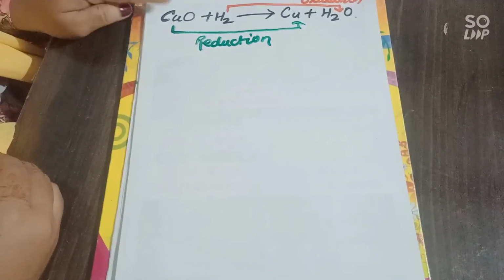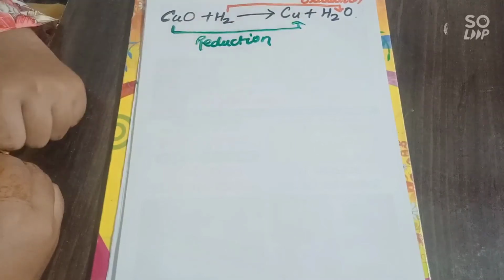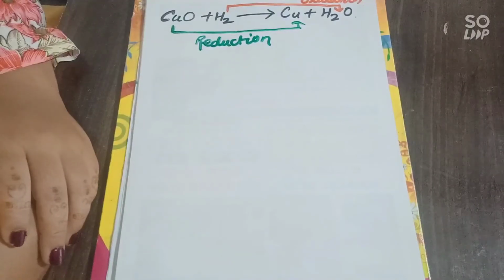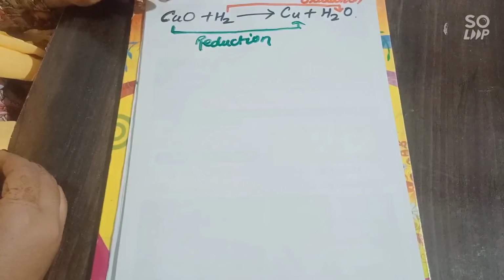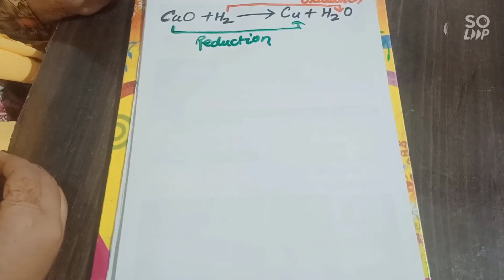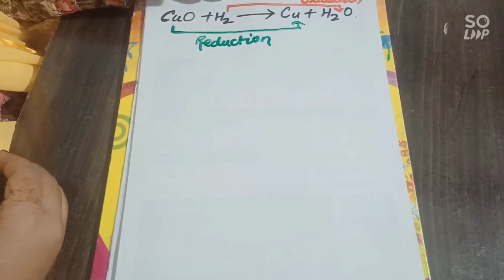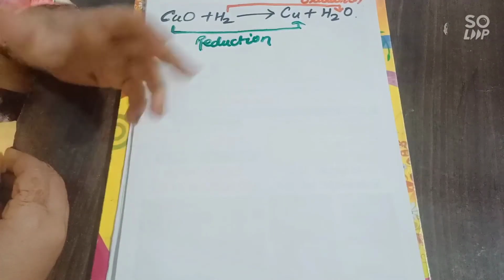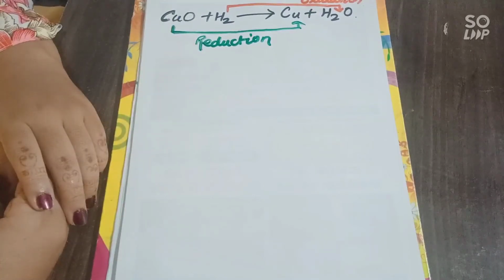It's because copper oxide after removal of oxygen becomes copper only, and gain of electron occurs for copper. When oxygen gets removed from here, the electrons donated to oxygen come back to copper atom, and therefore getting back those electrons will turn it into a chemical species which is gaining electron, and thus reduction is occurring here.